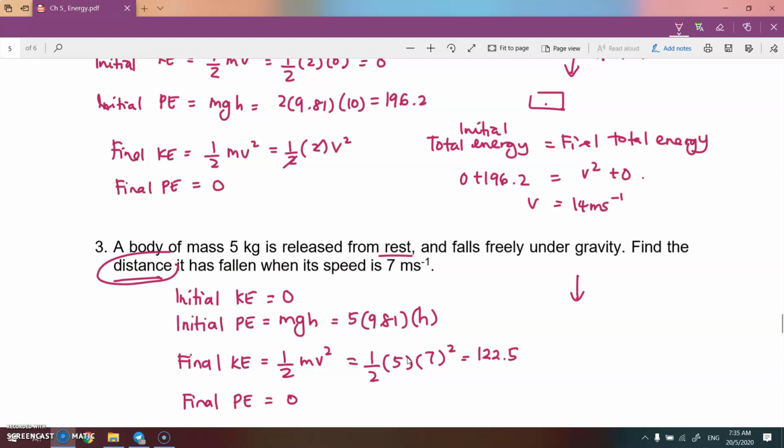So the total energy initial, this one you will get 49.05 H. So 49.05 H is equal to 122.5. So H is equal to 2.5.